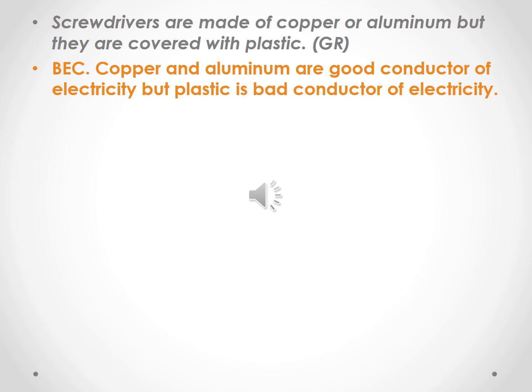The second application, the electric screwdrivers are made of steel iron, while their handles are made of wood or plastic. Why? Because steel iron is a good conductor of electricity, but wood and plastic are bad conductors of electricity.